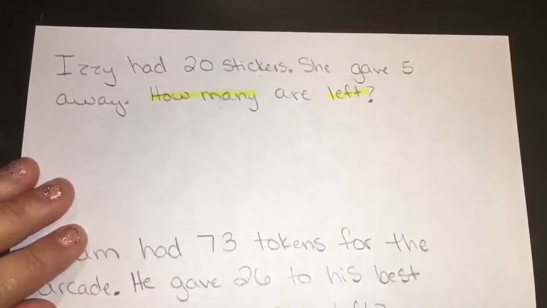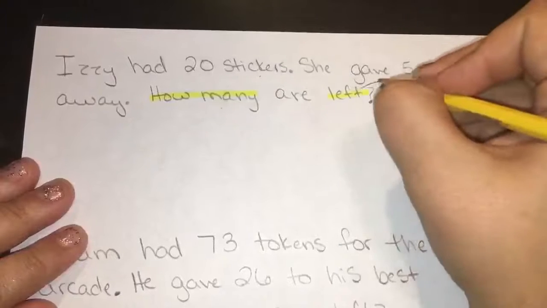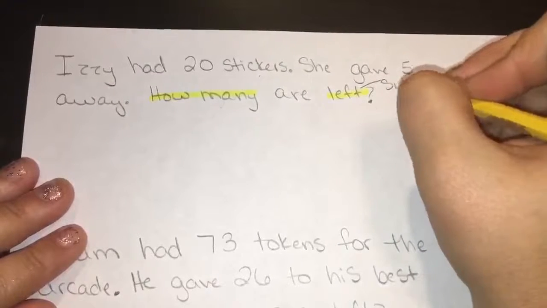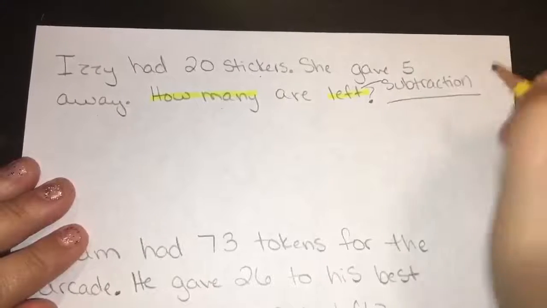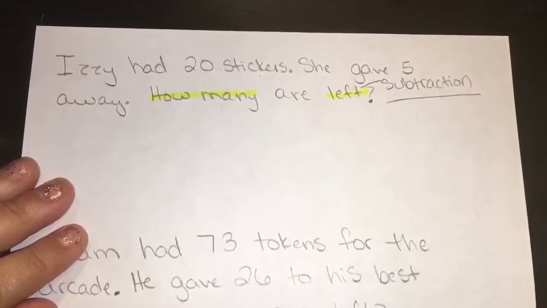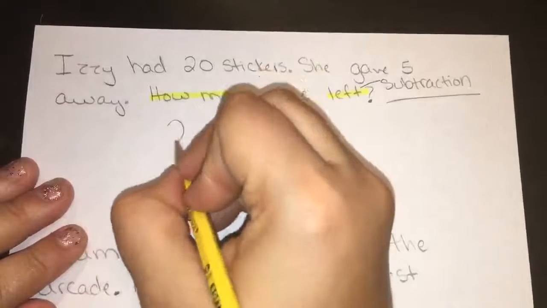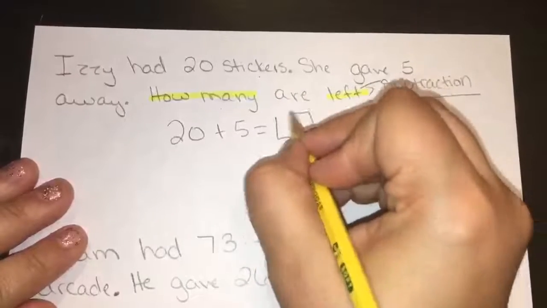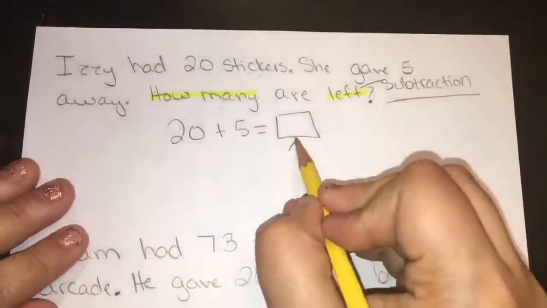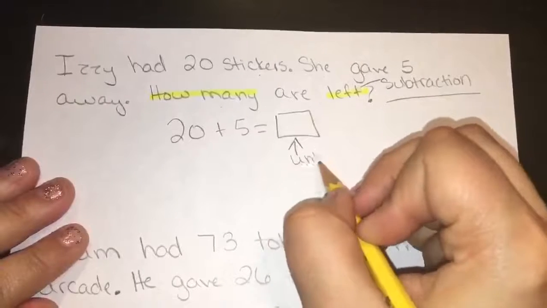So in all meant addition, but left, like we saw on the board, means subtraction. So we are not putting together, we are taking away. So let's write our number sentence. So this is our unknown.